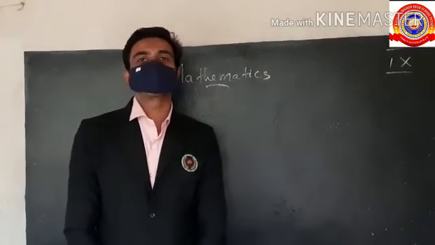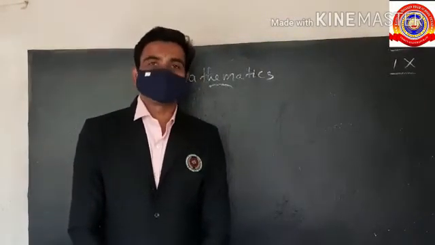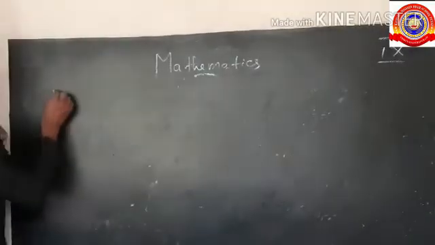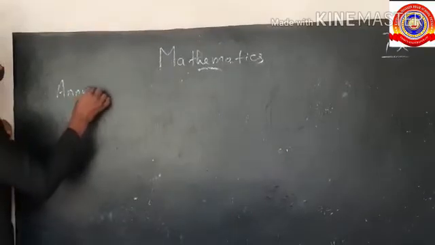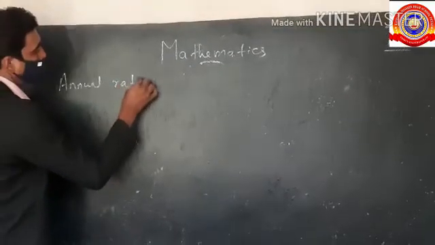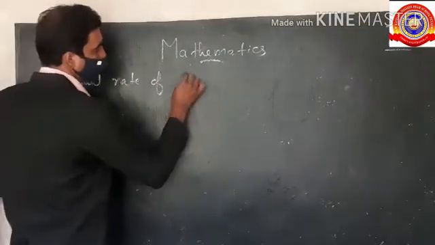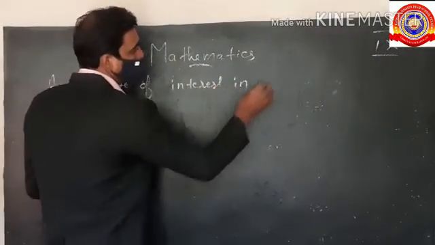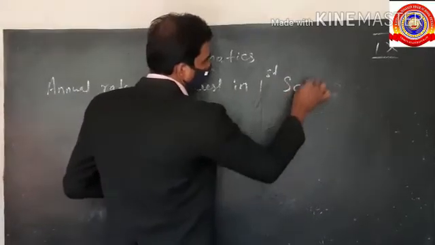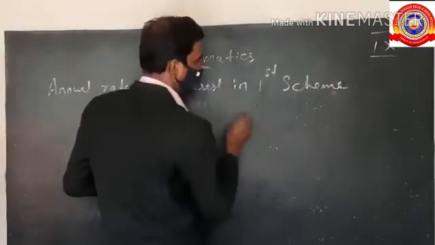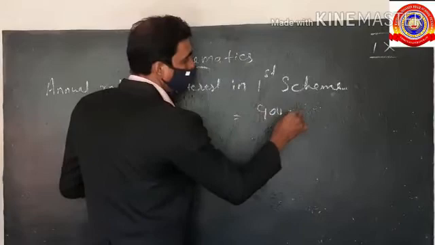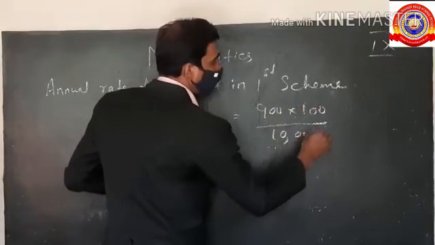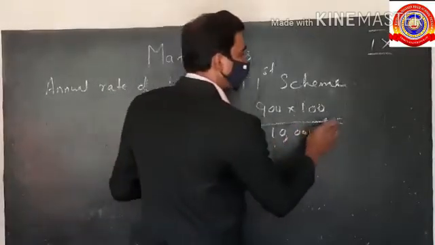Then consider third sub-question. In it, we have to find out annual rate of interest in both the schemes. Let's begin. Annual rate of interest in first scheme is equal to 900 into 100 by 10,000, which is equal to 9%.